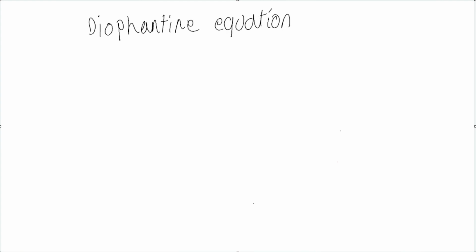And one final thing we're going to be talking about is what is called a Diophantine equation. I'm putting this here because we're going to be continuously seeing Diophantine equations throughout the course.